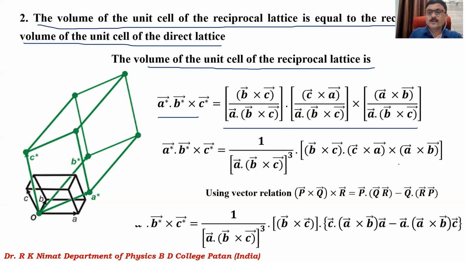Now we have to solve this vector identity or vector relation. For that, we'll consider these two terms, and we will represent these two terms in this form.